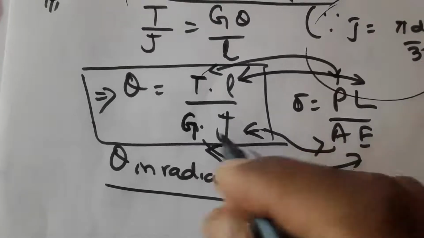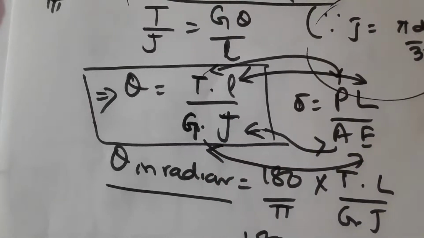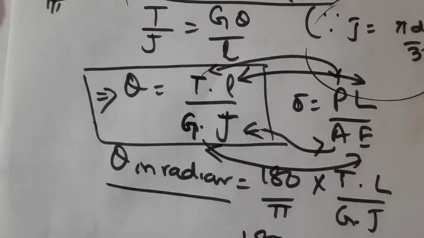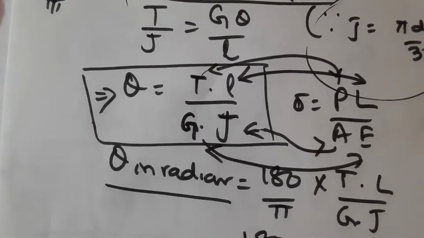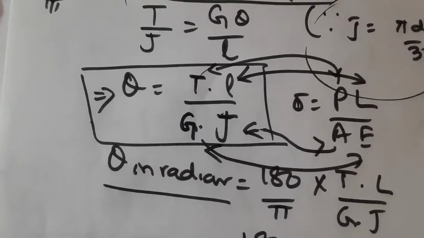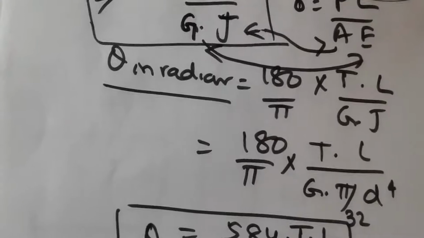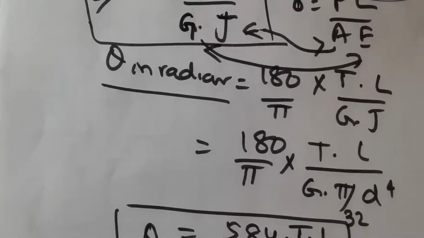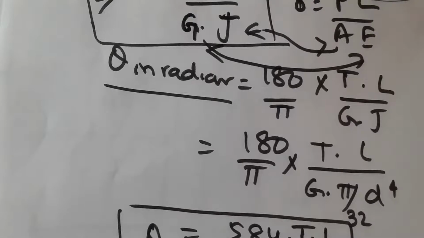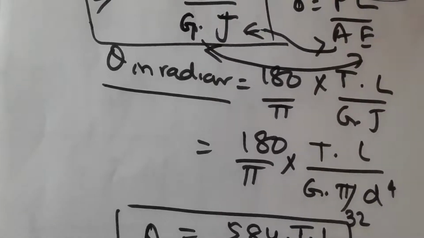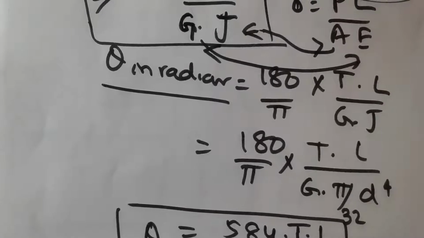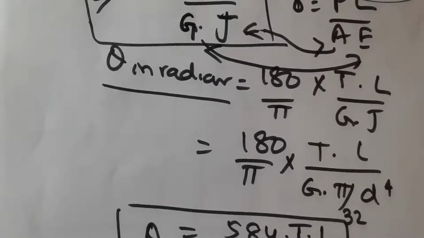When you put the value of J equal to pi d to the fourth by 32, it turns out to this equation: theta is equal to 584 T L divided by G D to the fourth. T is the twisting moment, L is the length, G is the material property, and D is the diameter of the shaft. G is known as the modulus of rigidity.